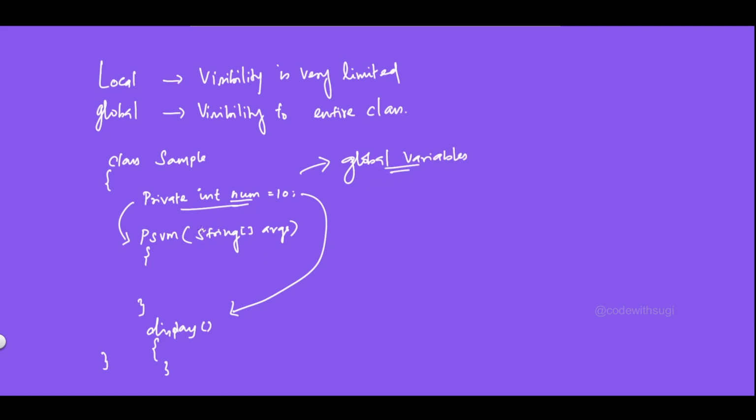In the same example, in the main method you have a String array of args. This args is also a variable, right? You cannot access this args variable outside of this method. It is visible only inside this main method. These kinds of variables we call local variables.